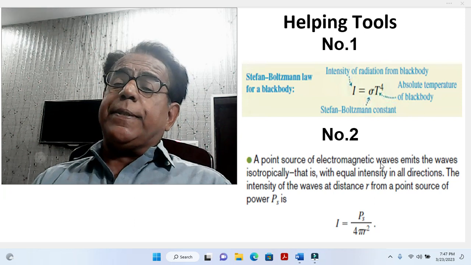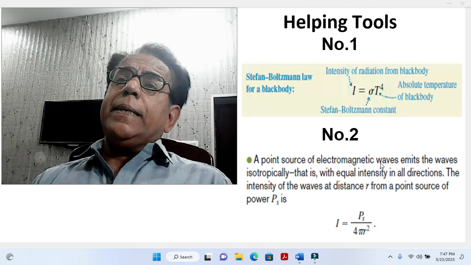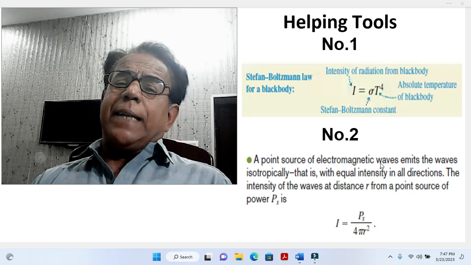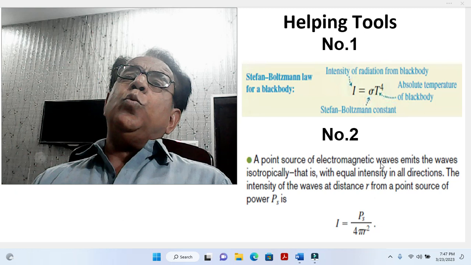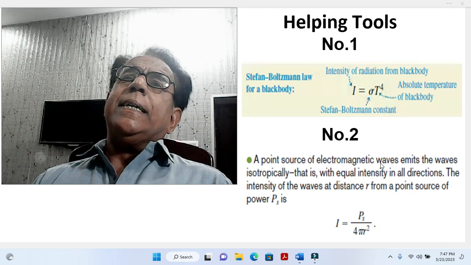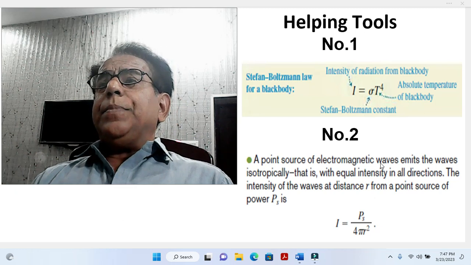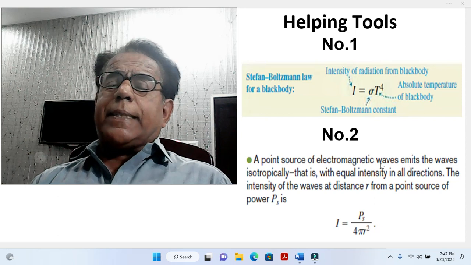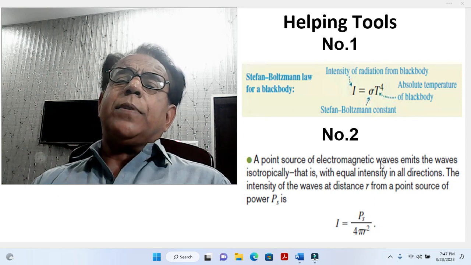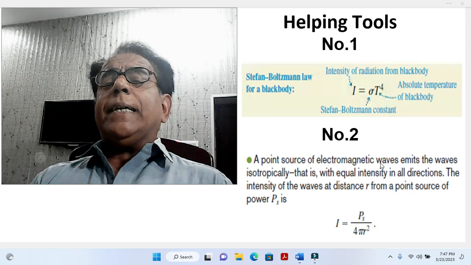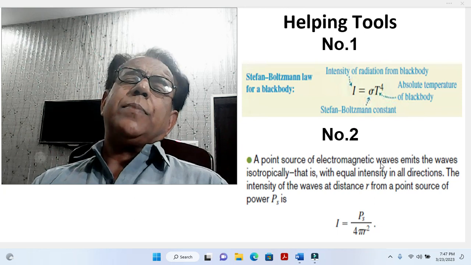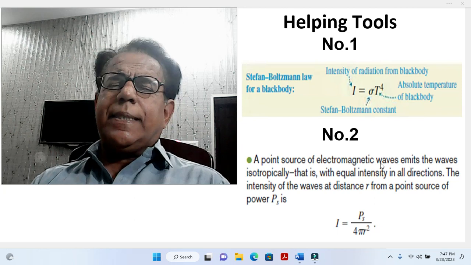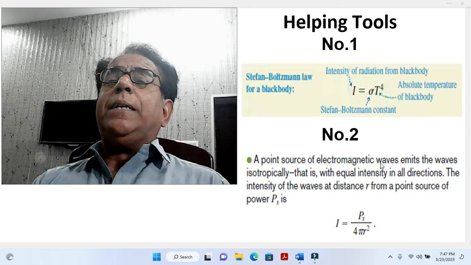Dear students, actually the purpose of introducing these tools is to develop a sense of confidence in those students who for one reason or another are not in regular touch with their studies. Suppose we say that they have restarted their education after some gap. No doubt this situation occurs very rarely.